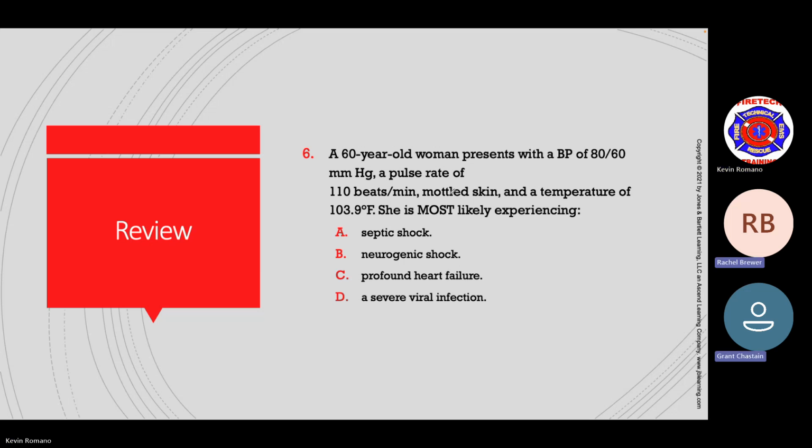Sepsis alert. Remember, I mentioned before, hypotension, heart rate greater than 90, and a temp greater than 100.4. She's definitely in septic shock, because part of that is the hypotension.